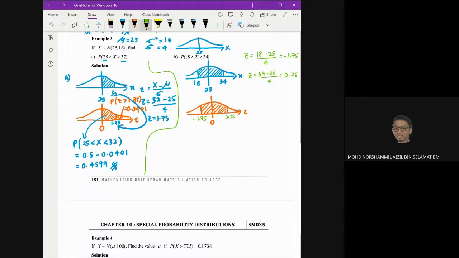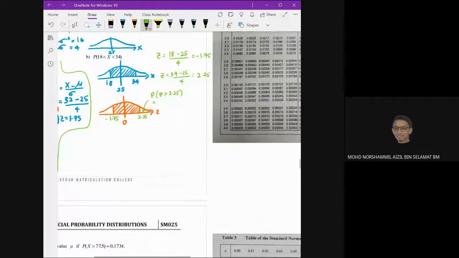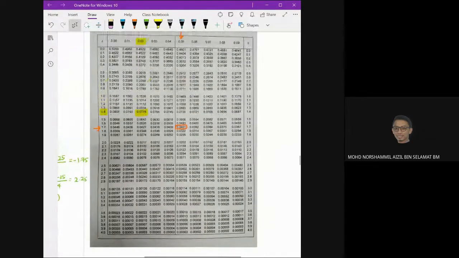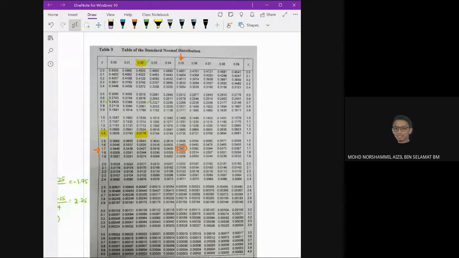From the table, we can read this one, right? Daripada table kita boleh read yang ni, betul tak? Betul, sir. Okay, so here we can read the table: probability of Z greater than 2.25. So what is the value? 2.25, take a look at the table. Nampak tak? 2.2, yang ni, and 5, yang ni juga.